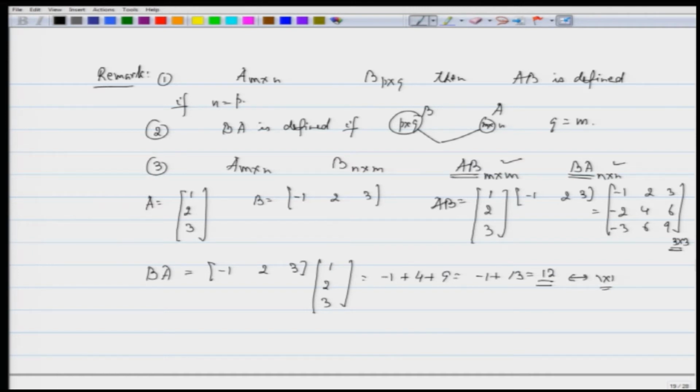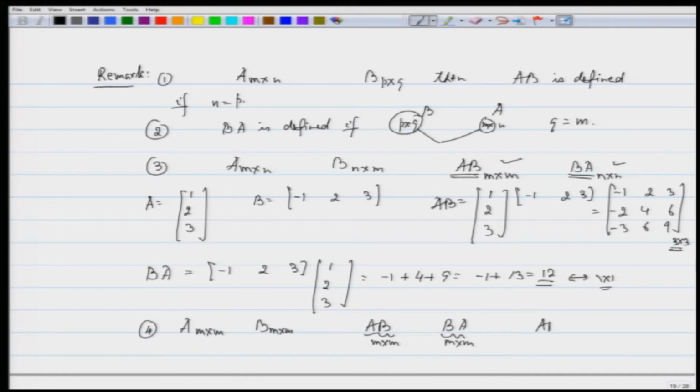It may happen that AB and BA both are square matrices. So, if AB and BA are both square matrices, then AB is defined and BA is also defined, both of size m cross m, but still it can happen that they are different.